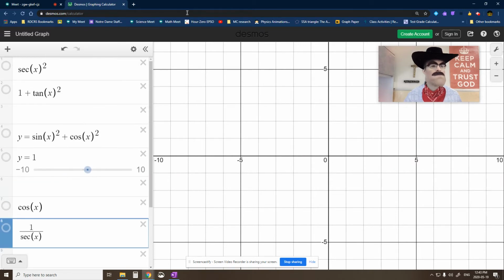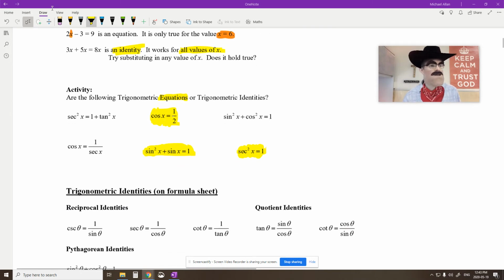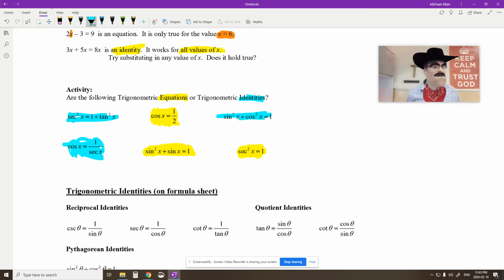So these ones here are the identities. When you graph the left-hand side and the right-hand side, they're the same. You can verify them by putting in values of x too, but you just might luck out and find an equation solution rather than finding if it's an identity or not.